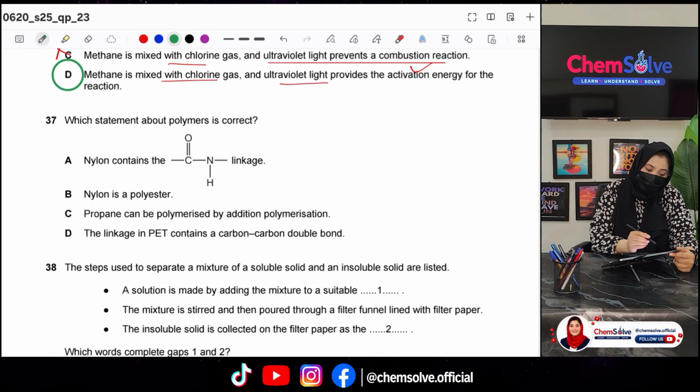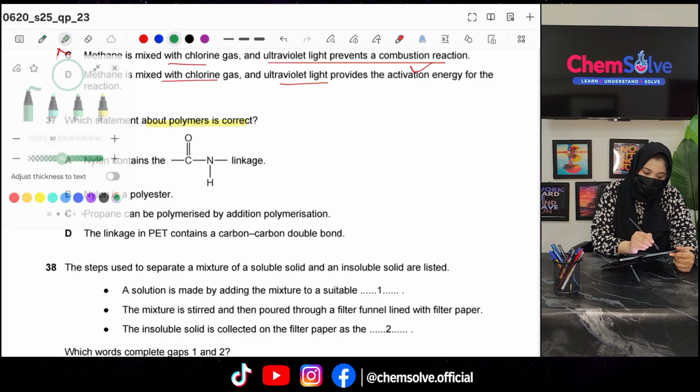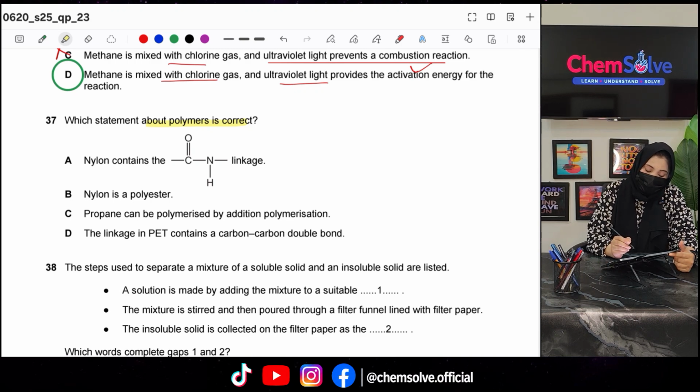Question number 37. Which statement about polymer is correct? First of all, look at option A. Nylon contains the linkage C double bond O NH. It seems to be the correct option. Nylon is a polyester. No, it is a polyamide. So this is incorrect.